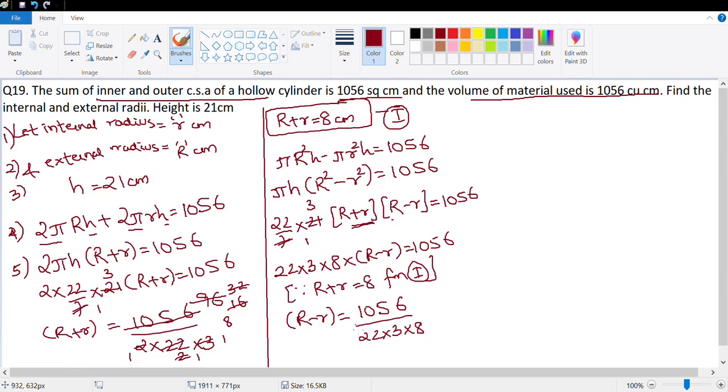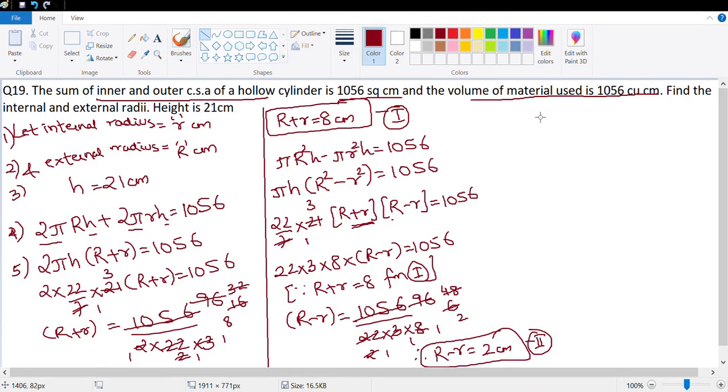Right, that's fine. So this would be 11 into 2, that's again 11 into 9 and 11 into 6, that's 96. 2 into 48, 8 into 6, 3 into 2. Therefore, R minus r is equal to 2 centimeter. That's our equation number 2.